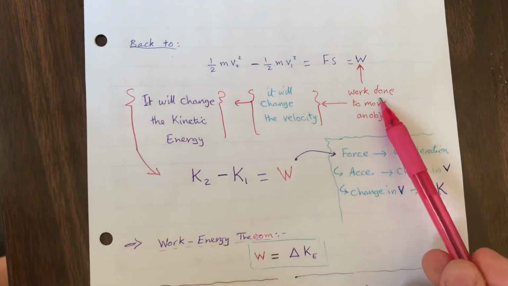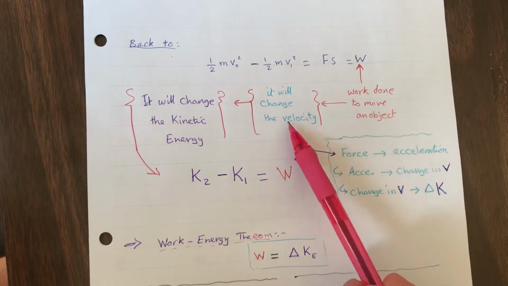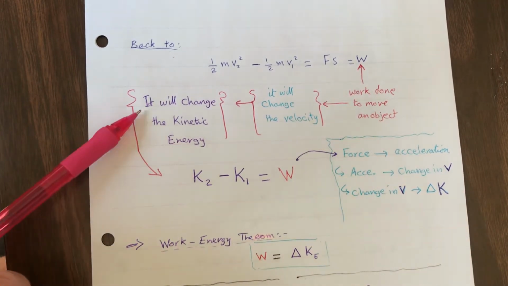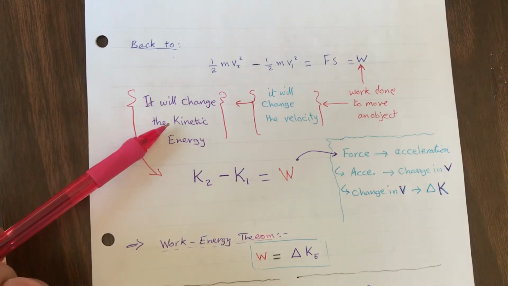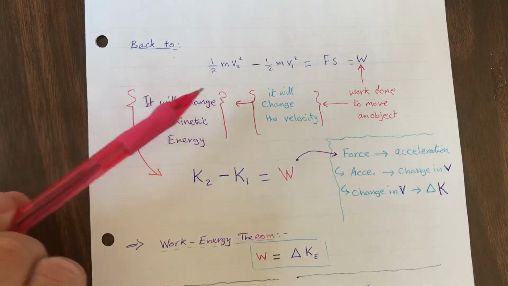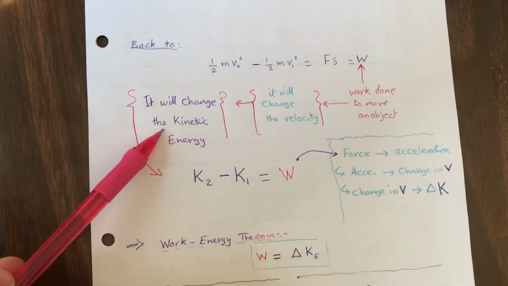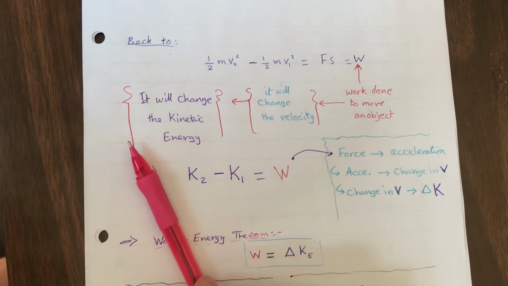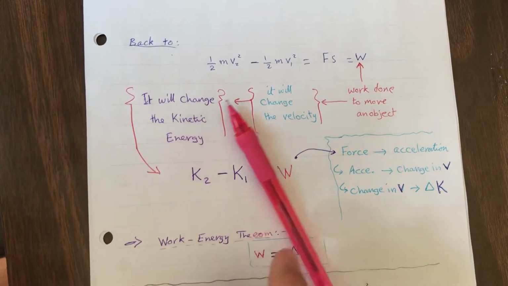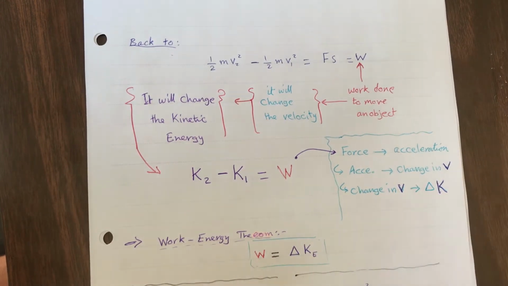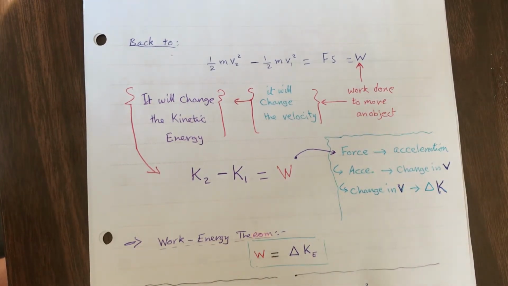So any work done by this force will change the velocity. The change in velocity will change the energy due to the motion. So any work will change the kinetic energy. So if we give a moving body more work, it will change its velocity and it will change its kinetic energy.